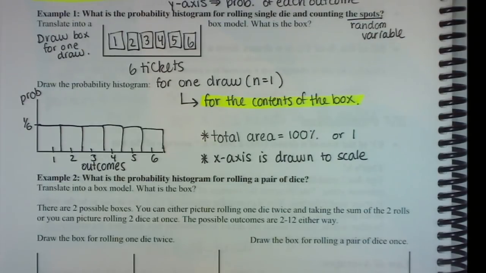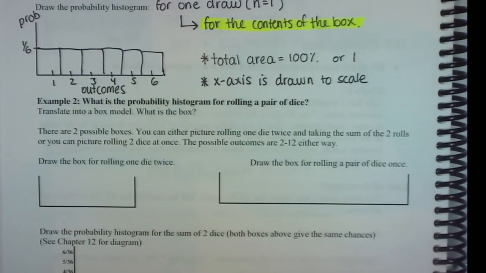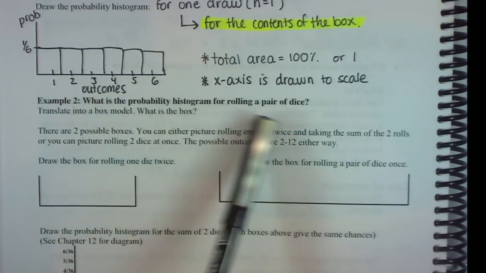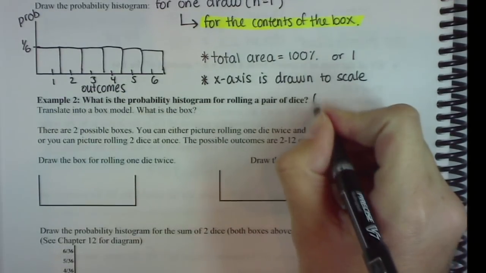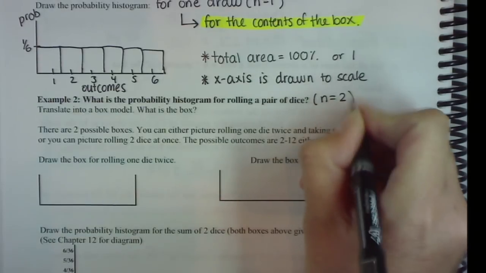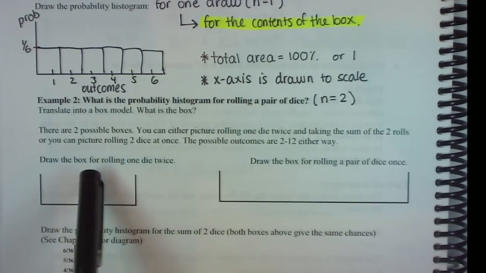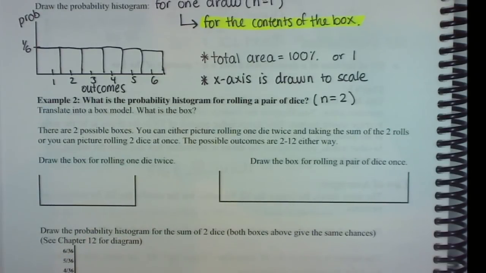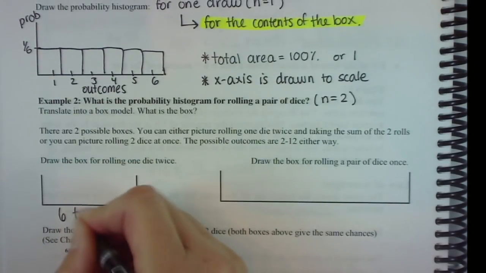Not too bad, right? Let's think about what if we wanted to do it for 2 draws. So it says, what's the probability histogram for rolling a pair of dice? So in other words, 2 dice, which means n is equal to 2. So if we're thinking in terms of a box model, I would definitely draw this box. I would say, let's draw the box for 1 draw.